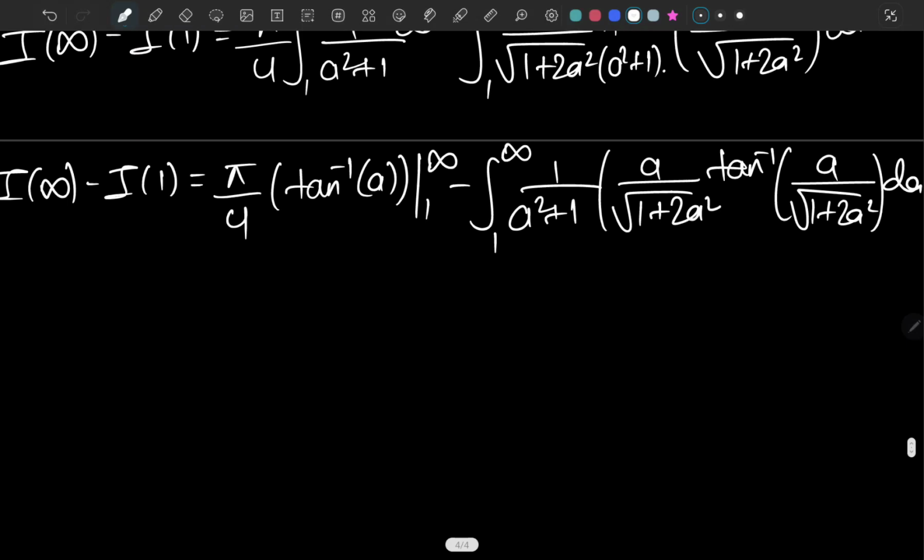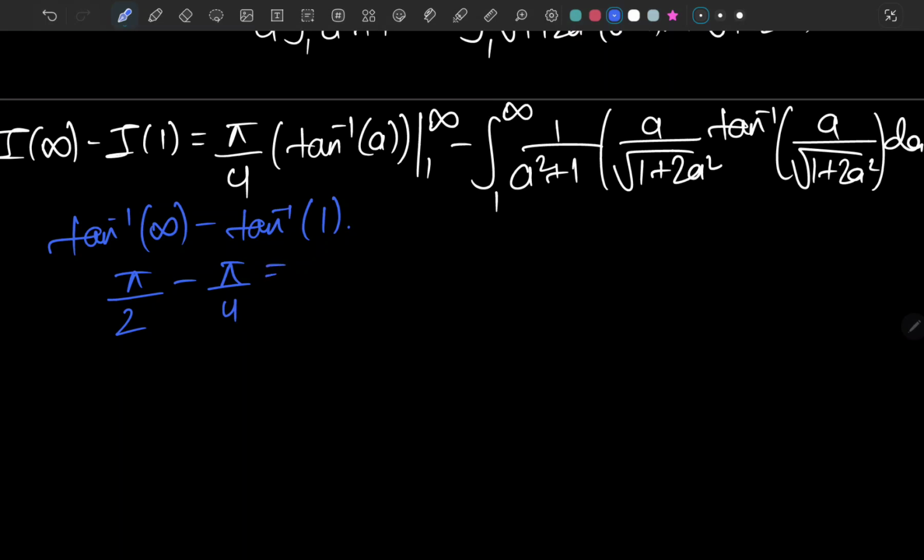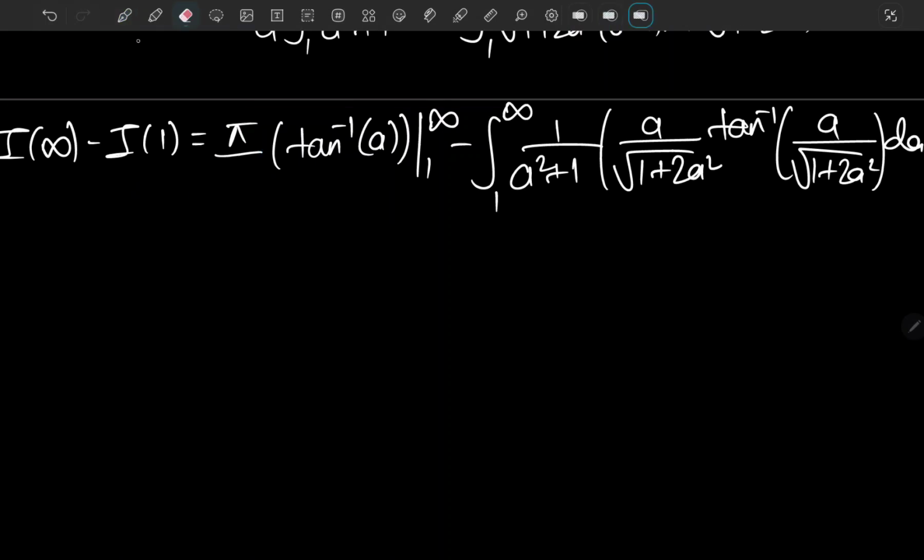Okay, if we talk about this one, let's just solve it here. Arctangent of infinity minus arctangent of 1 is pi over 2 minus pi over 4, which gives us pi over 4 only, right? Multiplying this pi over 4 with the other pi over 4 gives us pi squared over 16.